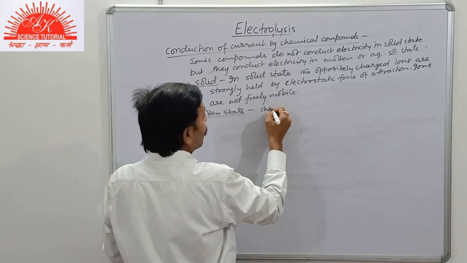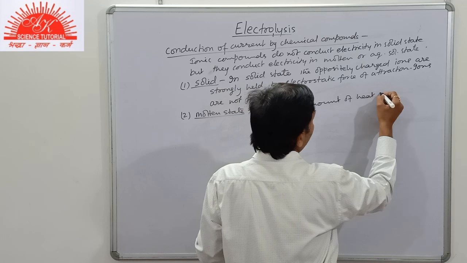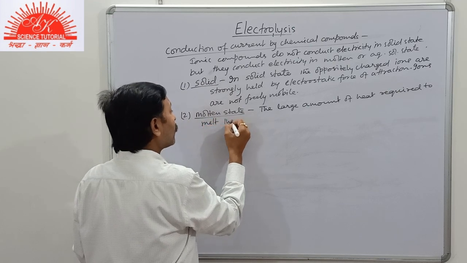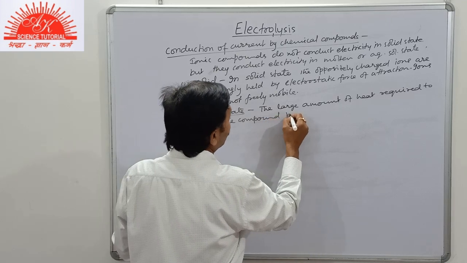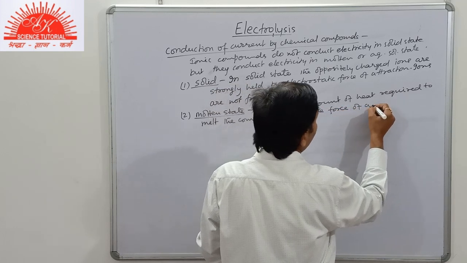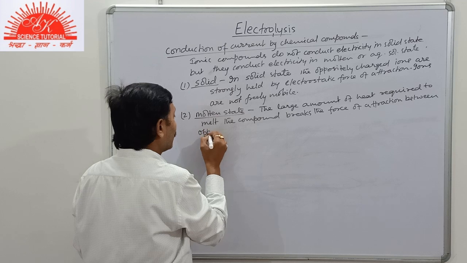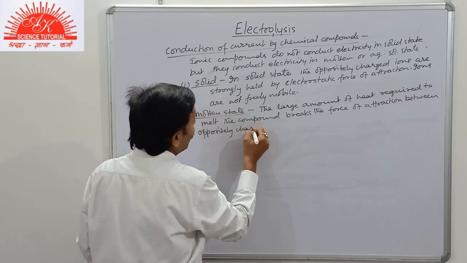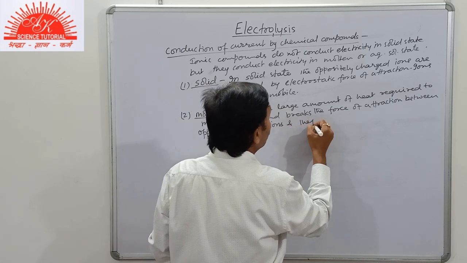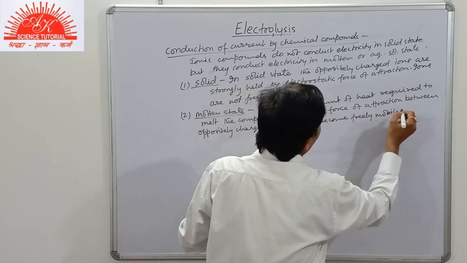So we write here: the large amount of heat required to melt the compound breaks the force of attraction between oppositely charged ions, and they become freely mobile.